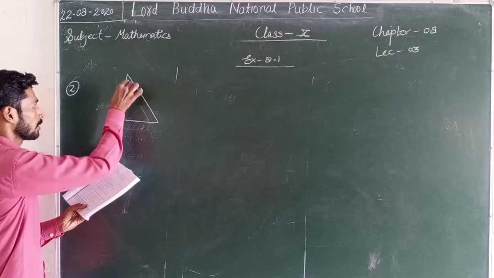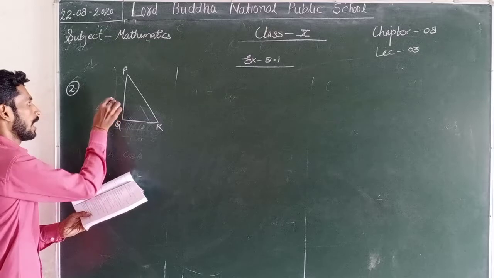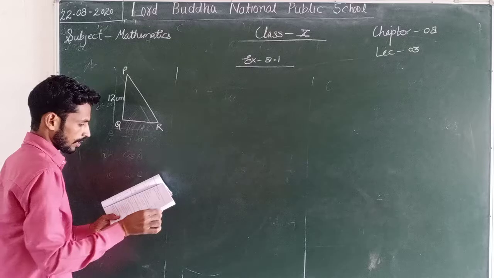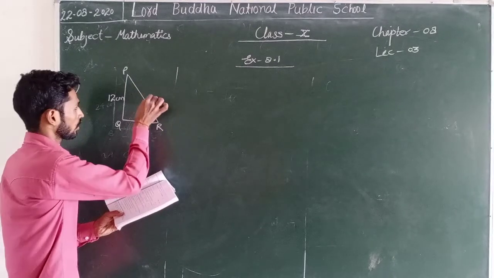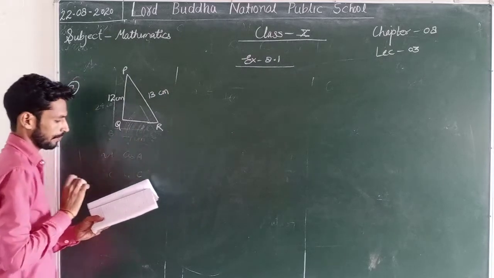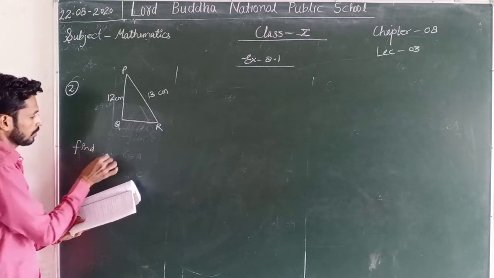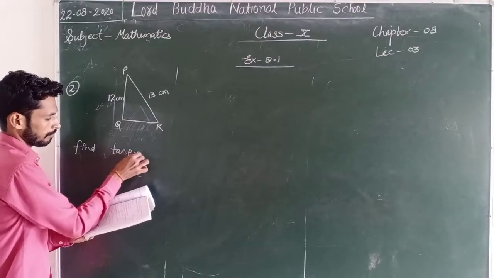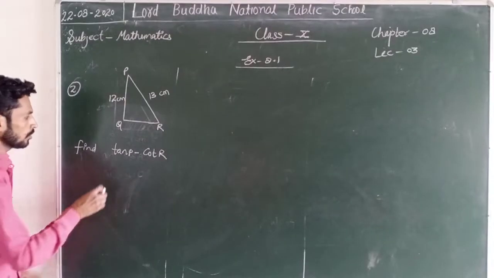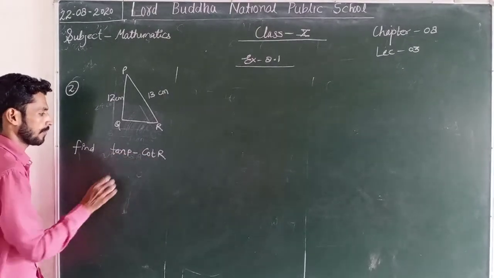The figure is like this: P, Q, R, and PQ is 12 centimeter, and PR equals 13 centimeter, and the value of QR is not given. Find the value of tan P minus cot R.